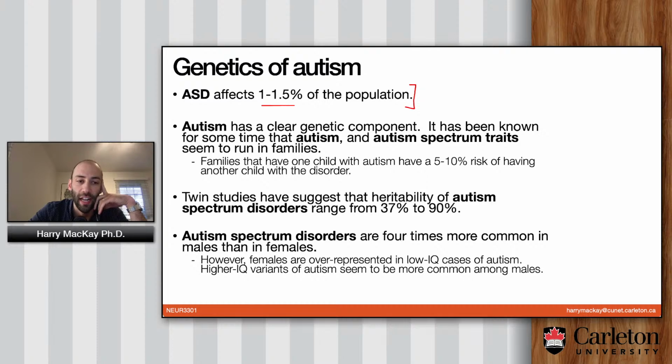Autism has a clear genetic component, and many decades of observation have shown that autism spectrum traits seem to run in families. This is responsible for many of the observations made, showing, for example, that rates of ASD are higher in Silicon Valley and places where a lot of tech-focused people go.